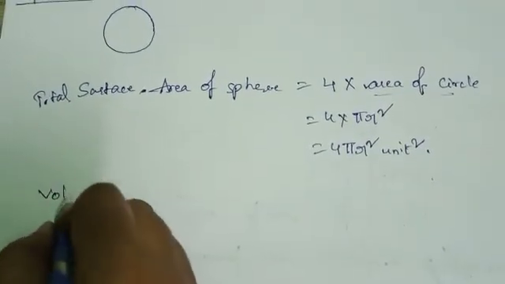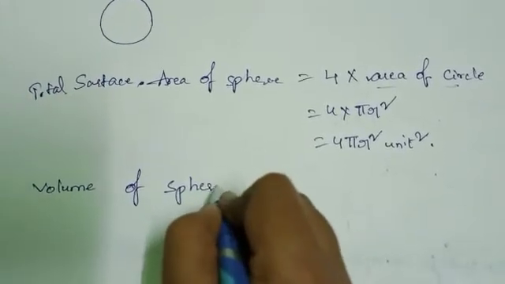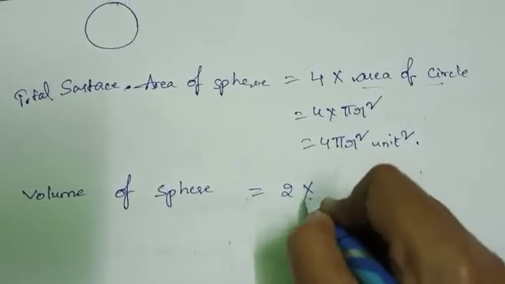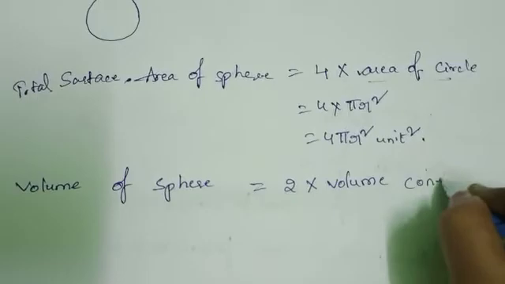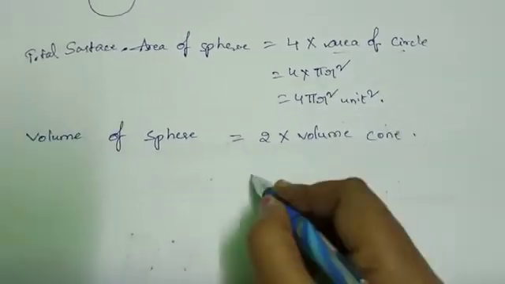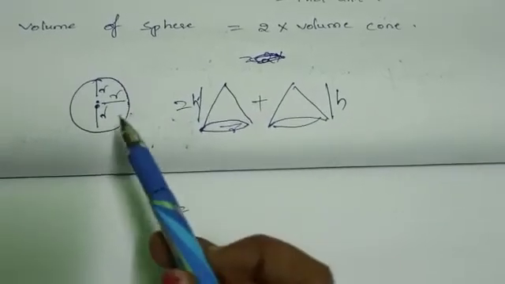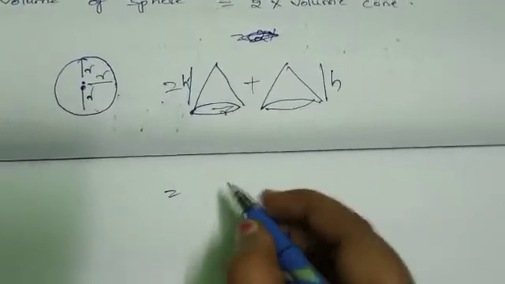What is the volume of sphere? Volume of sphere equal to 2 times volume of cone.